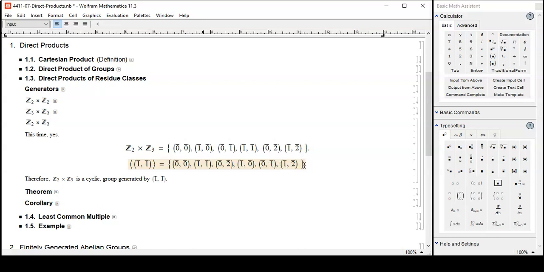So this group is generated by this (1, 1), so it's cyclic. So successfully we reduce the number of generators down to 1.